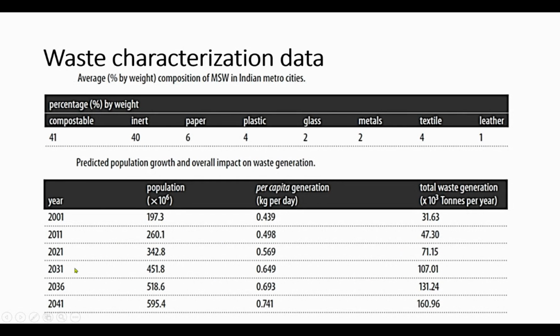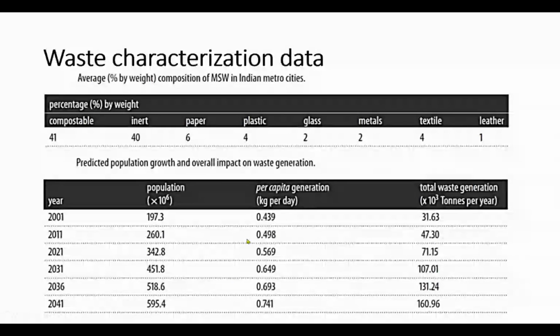Then if we focus on that data and predict for the upcoming years, you can see in 2031 the population will be around 451.8, right? Maybe it increases more. Compared to that, the data is increased.